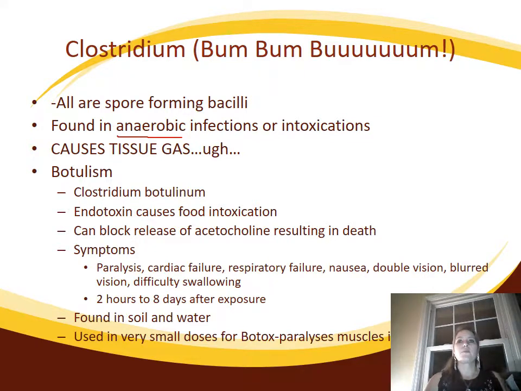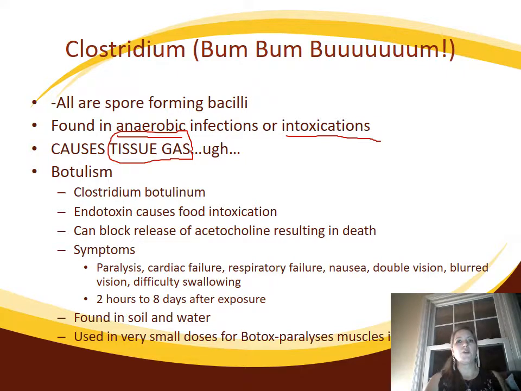They cause infections or intoxications. Clostridium causes one of our arch nemeses, tissue gas, okay? But it also causes a lot of other really, really nasty infections.